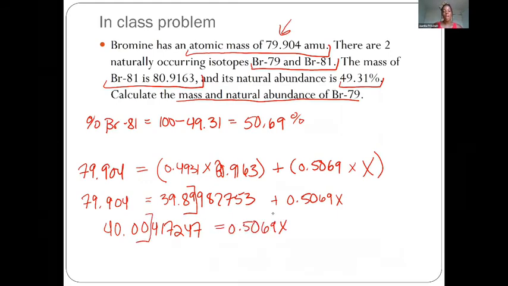So we have 40.00 equals 0.5069X. We would then divide both sides by 0.5069 to get our final answer. In doing so, we end up with 78.92 as our final answer.